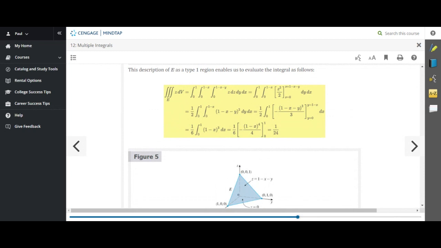They work it out and they get an answer of 1 over 24. So this is the kind of work you're going to be doing with sections 12.7 and 12.8, these triple integrals. And the homework's going to take time, which is why I'm giving you a little more time for the 12.7.